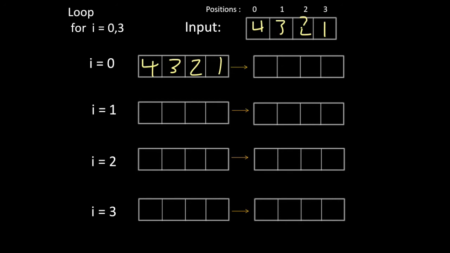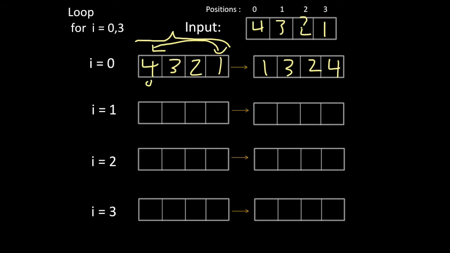Now, we find the minimum value from position 0 onwards. Here's position 0, and we want to find the minimum value from here onwards. That value is going to be 1. We swap that with the value at position 0. So now here's the state of the list: 1, 3, 2, 4. We swapped these two values, the 1 and the 4.